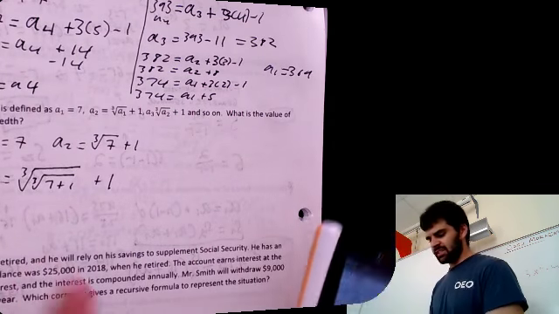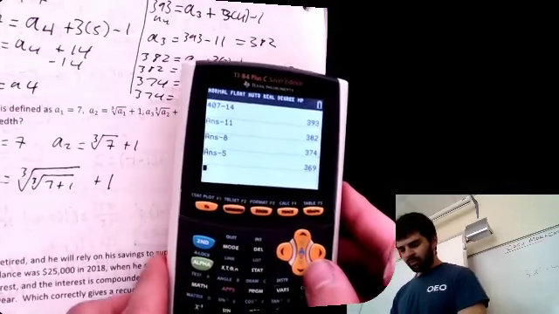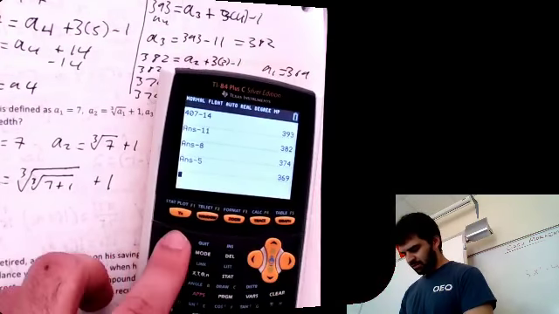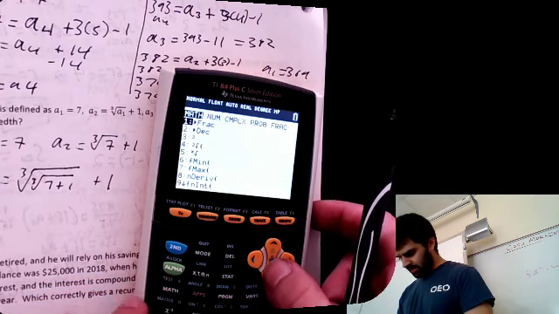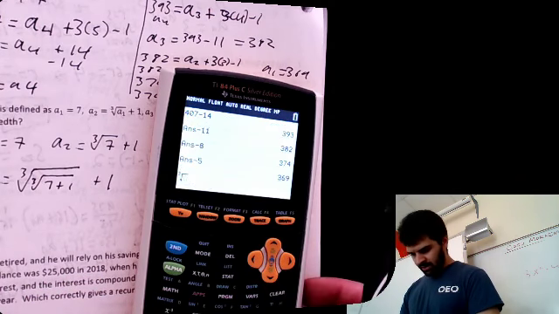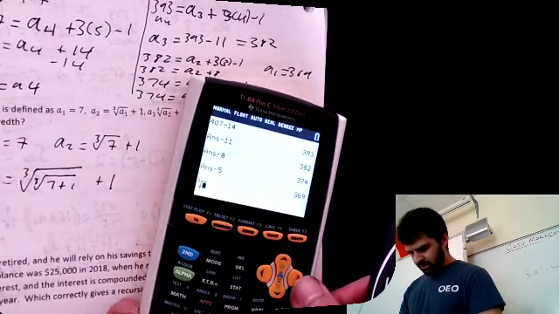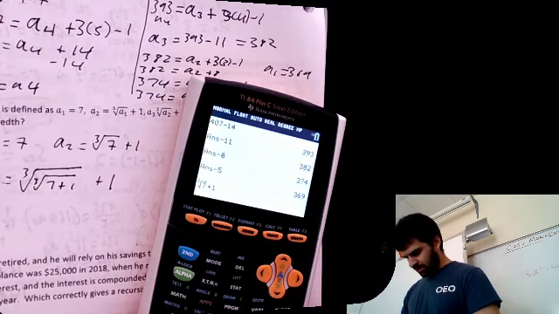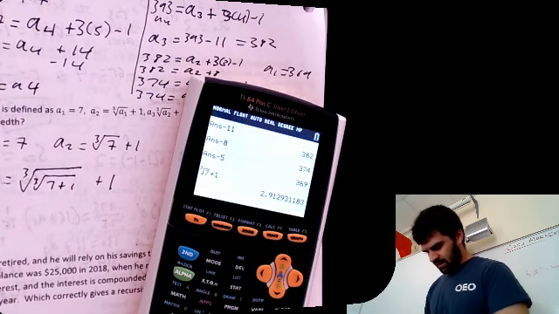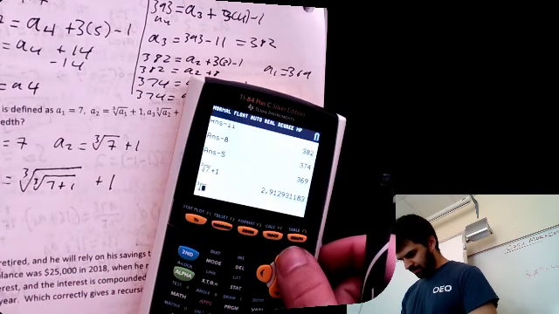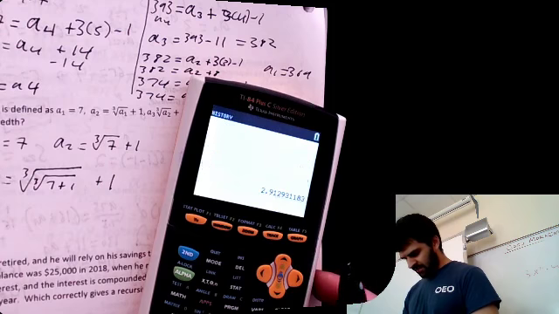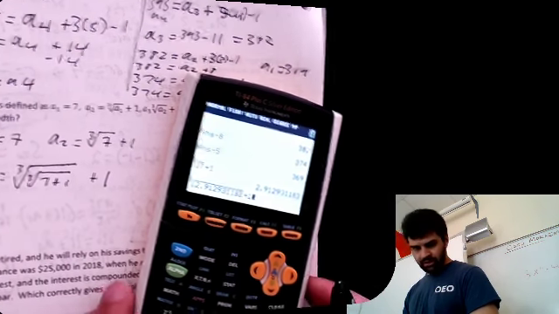But because this gets complicated, we'll evaluate it each time. So we find the cube root of 7 plus 1. Then we take the cube root of that value plus 1.